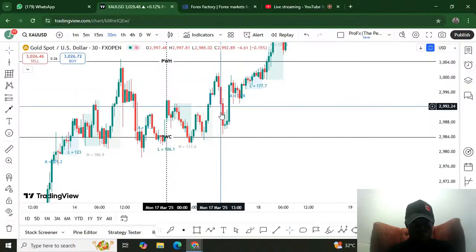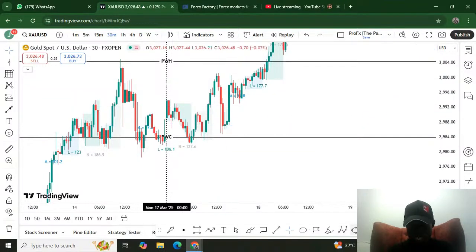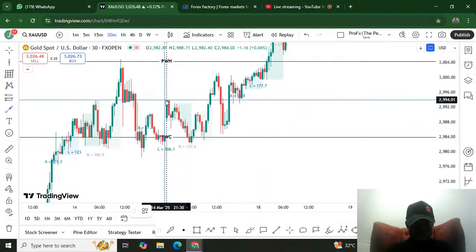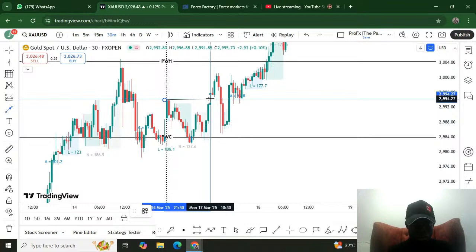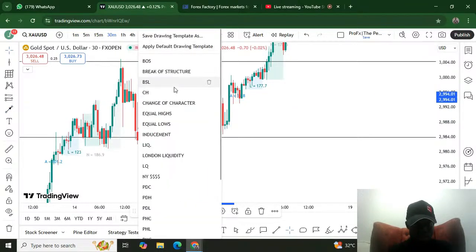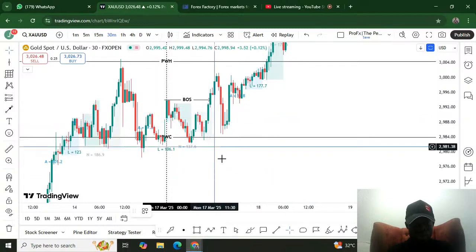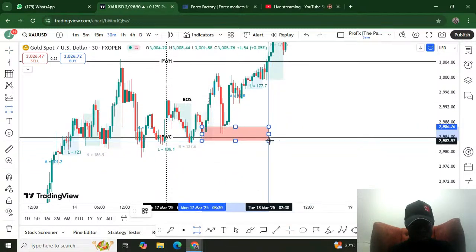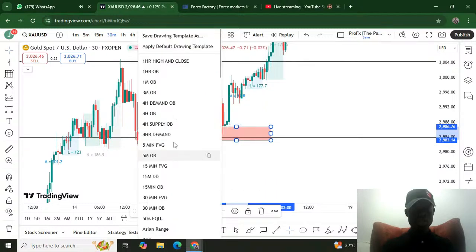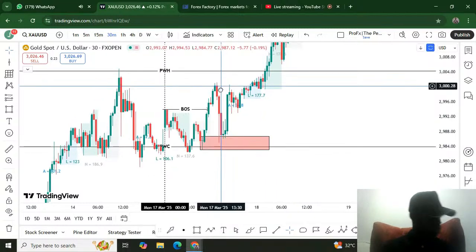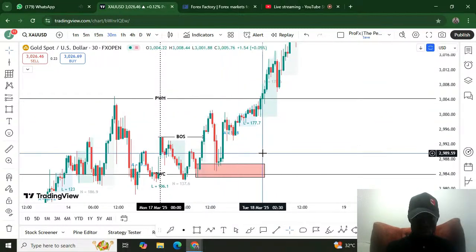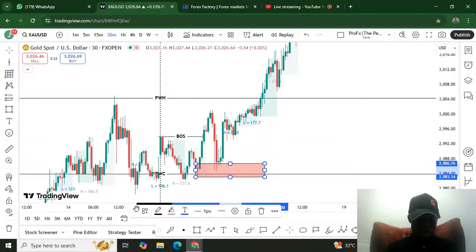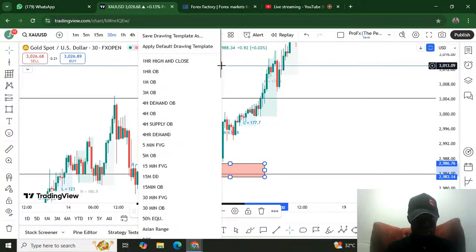Price pulled back again, now breaking out of this for the second opportunity to buy. And that happened at this demand, or whatever you call it, demand or order block. 30 minutes demand.